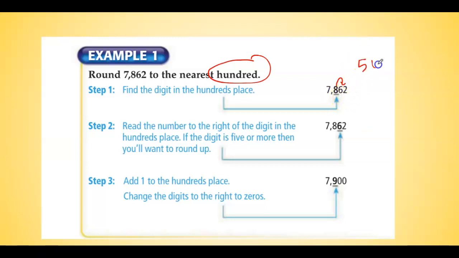If it's 5, 6, 7, 8, or 9, then I need to round this number up. And then you change the rest of the numbers to 0. So you can totally see, you read the number to the right of the digit in the hundreds place. If the digit is 5 or more, then you want to round up. Add 1 to the hundreds place, change the digits to 0. So 7,862 would round to 7,900.